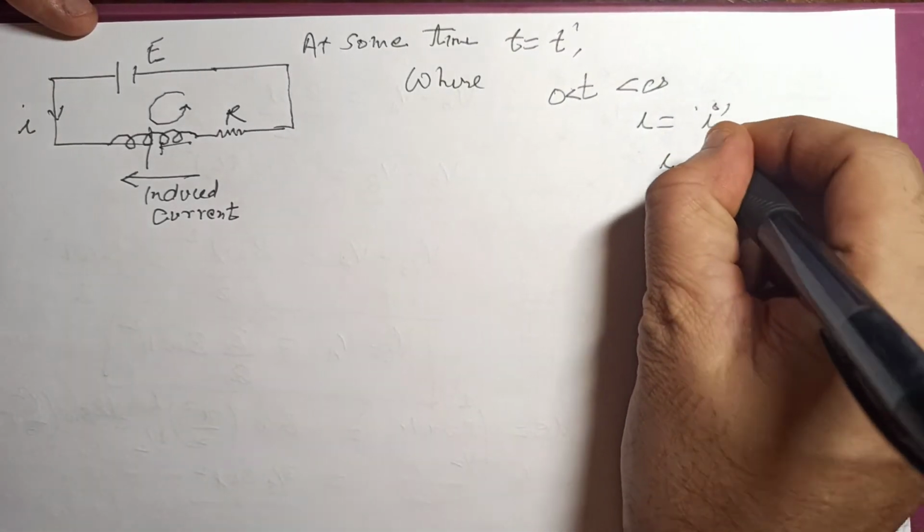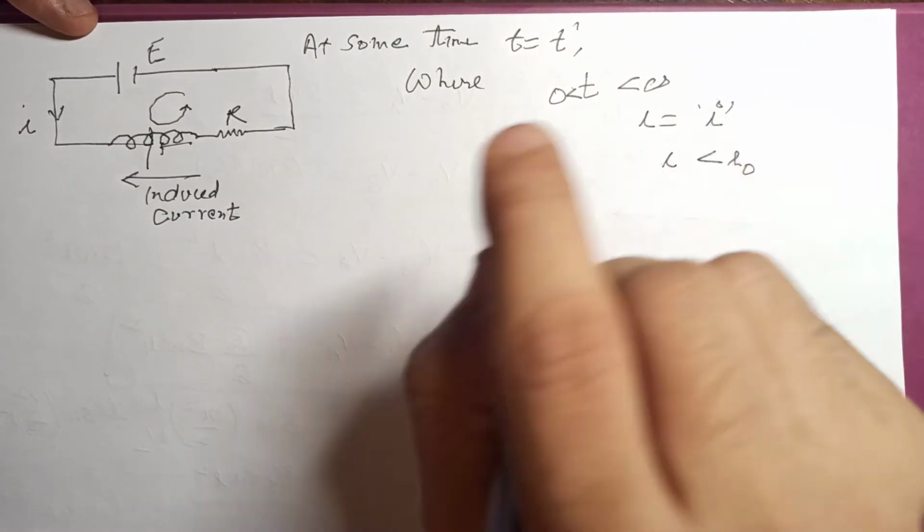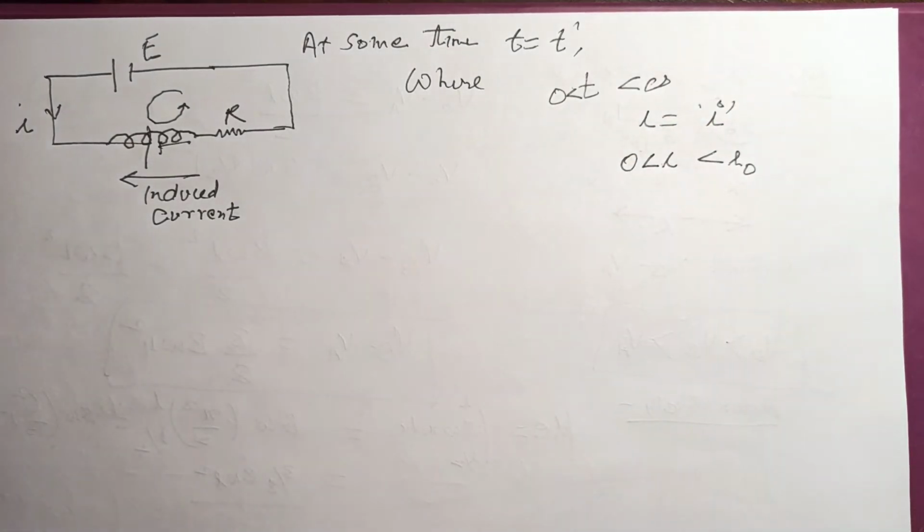We should know that I is between 0 and I naught.